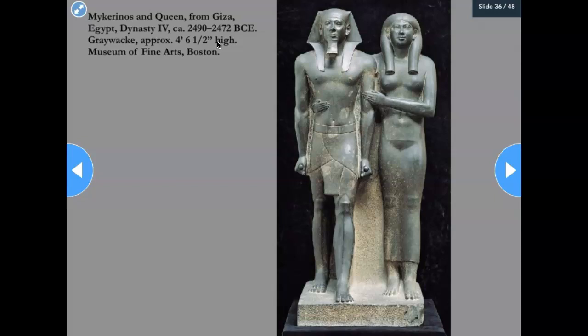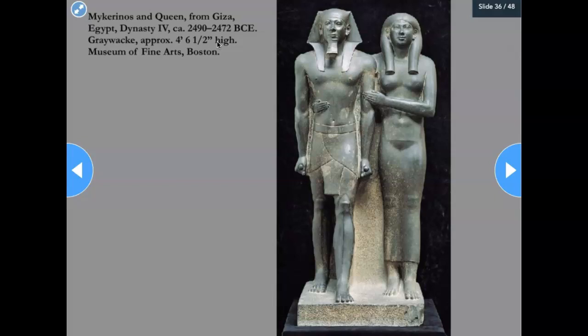He's got one foot forward. He's probably holding what would have been symbols of his office. He's wearing the very heavy braided wig and crown. He's wearing the kilt or the skirt, the sheath, which would have been very popular in the 4th dynasty.